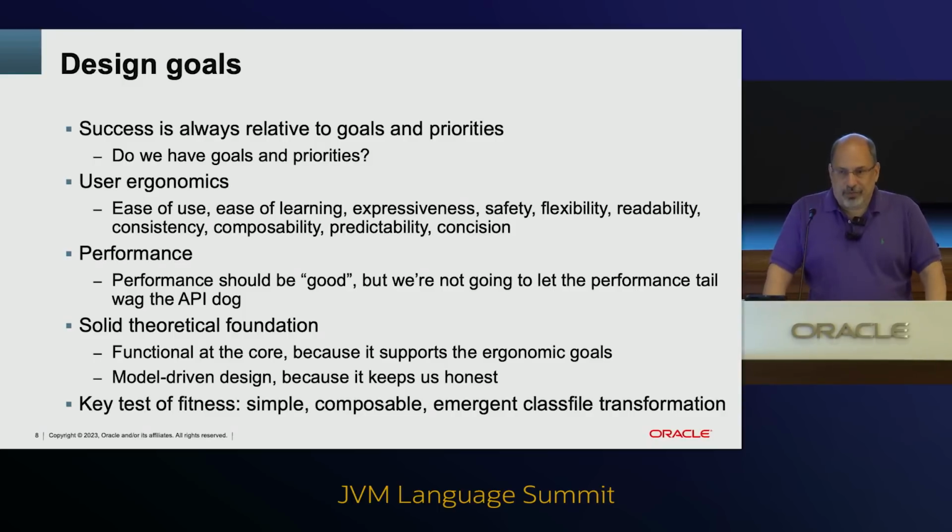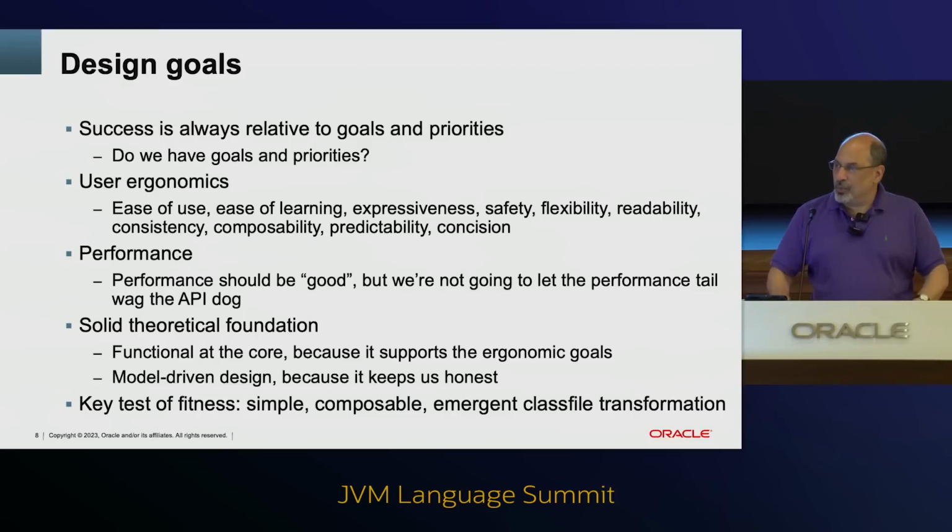Safety and all of these good things. We deliberately did not prioritize performance. The goal was that performance should be good enough, but we're not going to sacrifice ease of use or consistency or readability or lack of error proneness just to squeeze out a little bit more performance. And our main tool for getting there was putting all of this on top of a solid functional foundation.